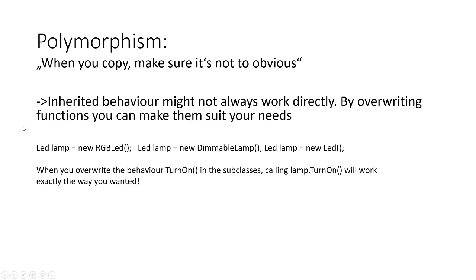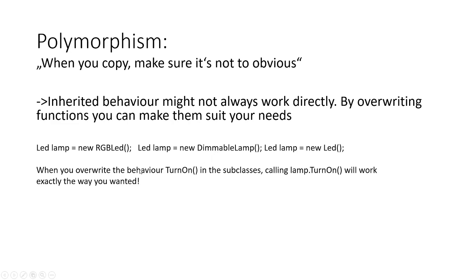And here's the example of how inheritance works in code. We will have a dedicated video after this one, but just to get the theory down. You can have an LED lamp equals new RGB LED, LED lamp equals a new dimmable lamp, or LED lamp just equals a new LED. Now you override the behavior turn on, and you do this by public override turn on, for example, but we will see that in code in the next videos.